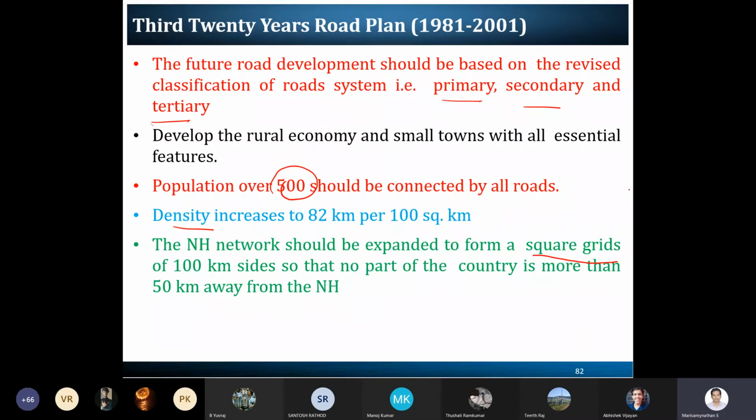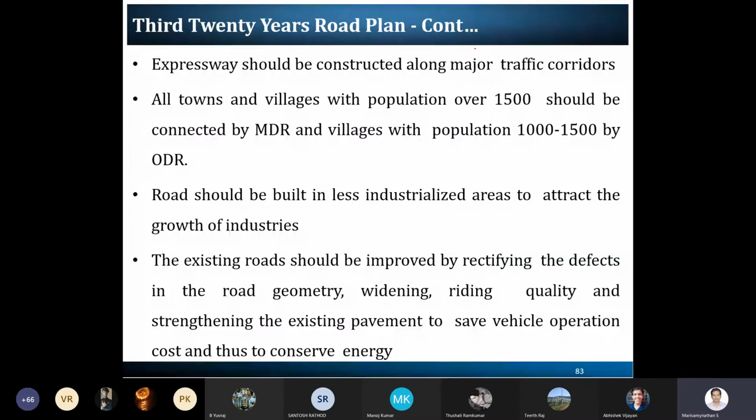According to the different classifications and essential features they defined, they tried to implement them in that third 20-year plan. One of the attractive and most advanced developments under that plan is the expressway. Most of you might be aware of expressways; still, we will explain in the next chapter.